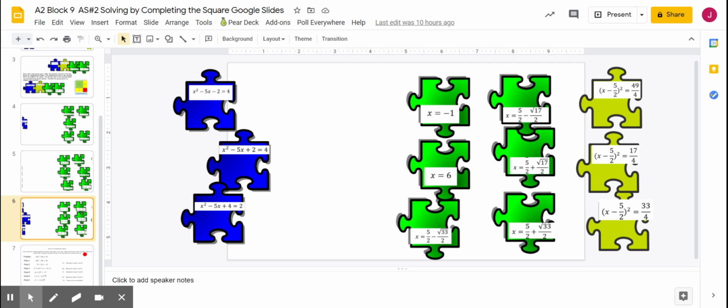So I get x squared plus 4x plus 5 equals 0. Then you want to make sure that your x's are on the left and your constants are on the right. So we have x squared plus 4x equals negative 5.